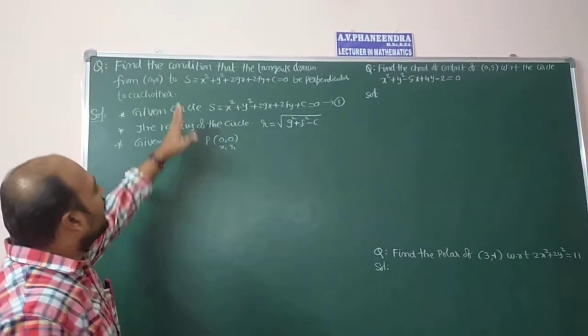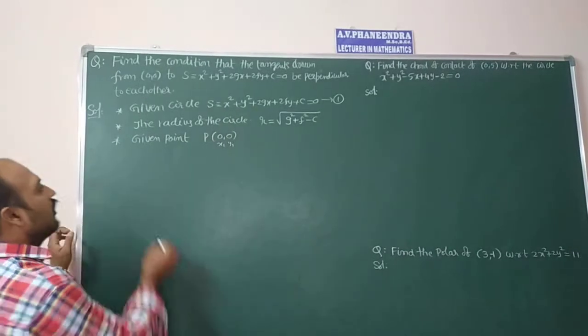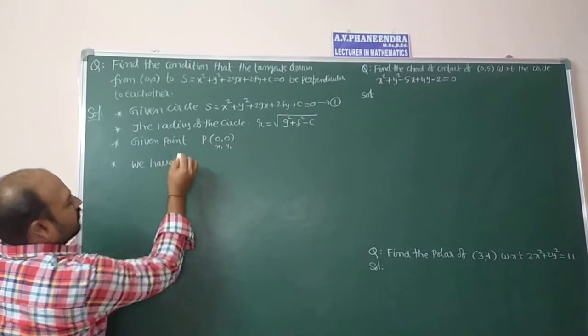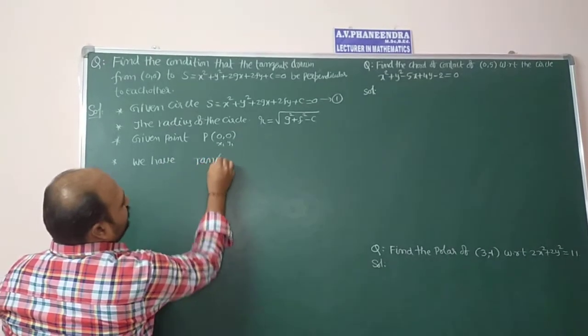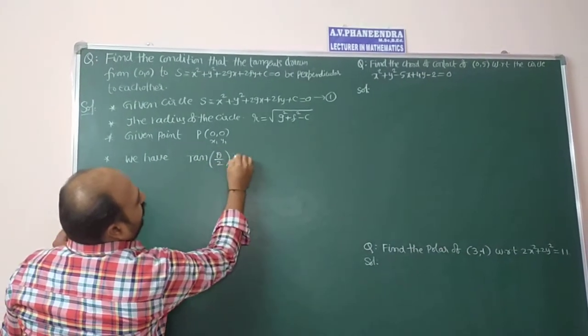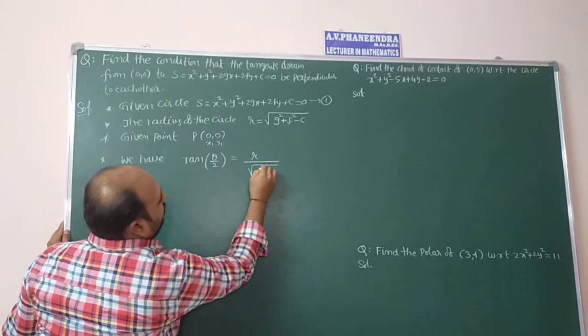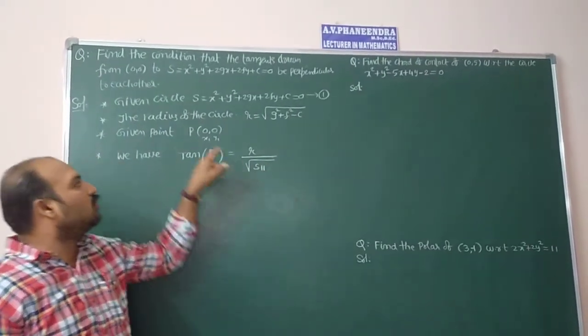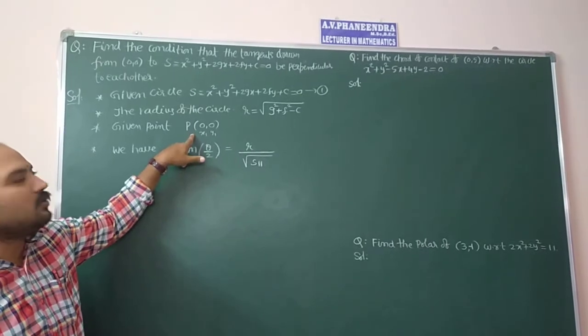So to calculate the angle between the tangents, we have the formula tan theta by 2 is equal to r by root S11. We need to calculate the S11 value according to this given point.